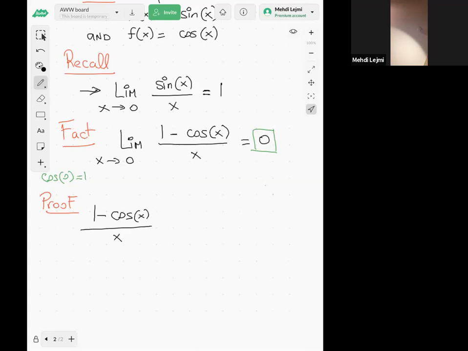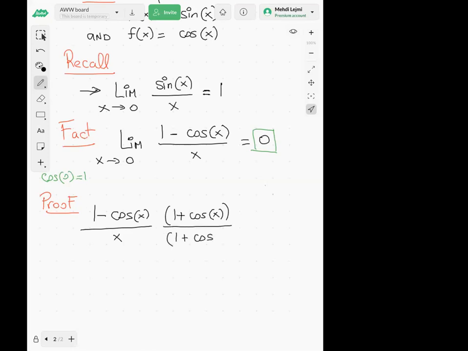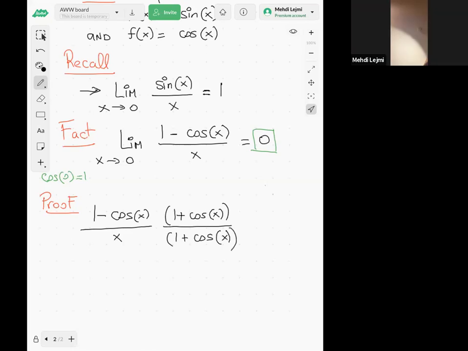So what we can do is multiply the top and the bottom by 1 plus cosine of x. I'm trying to find another expression for this 1 minus cosine of x over x.